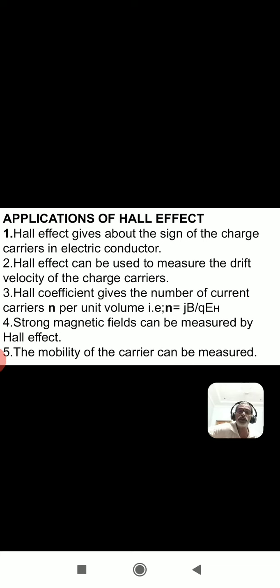And the Hall coefficient gives the number of current carriers n per unit volume, that is n is equal to JB by qEH. Similarly, strong magnetic fields can also be measured by the Hall effect. And also the mobility of the charge carriers can be measured with the help of the Hall effect.